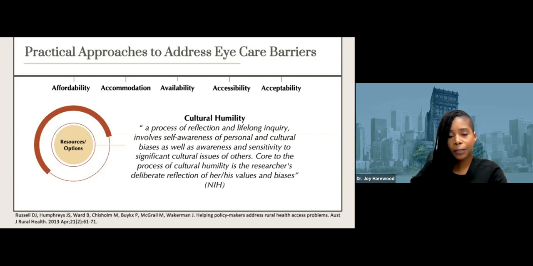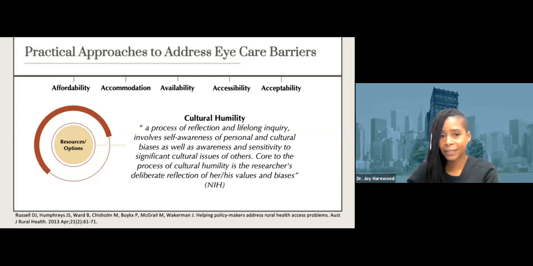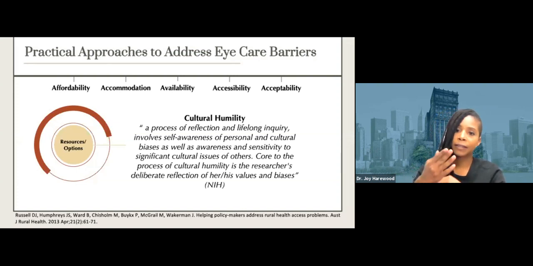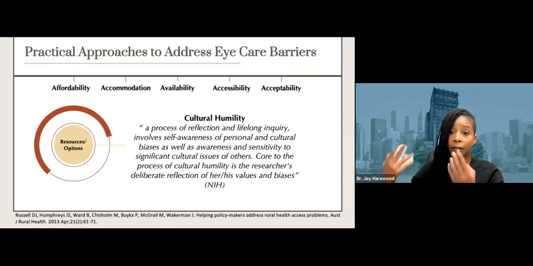The reason being, saying I'm culturally competent makes it sound like there's a way to finish, that you don't have to continuously keep learning in order to keep that competence. It's not something that we check and we're done. Cultural humility, as we say in this definition, involves a level of self-awareness of personal and cultural biases, as well as an awareness and sensitivity to the significant cultural issues of others. And it's an ongoing process where we're always trying to learn about others so we can best relate to them.